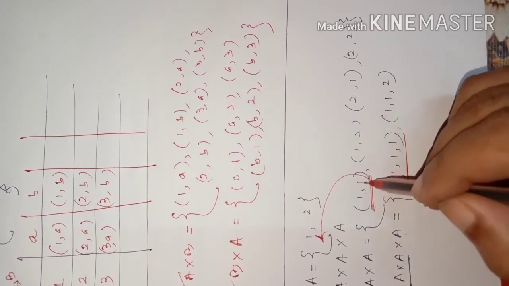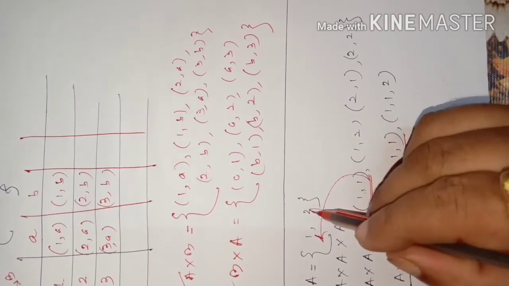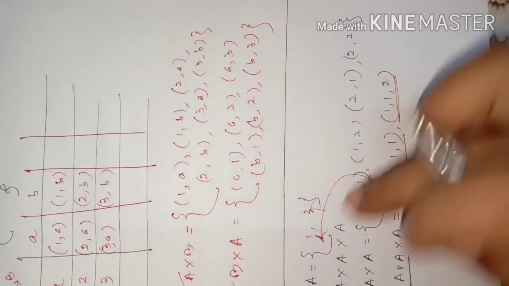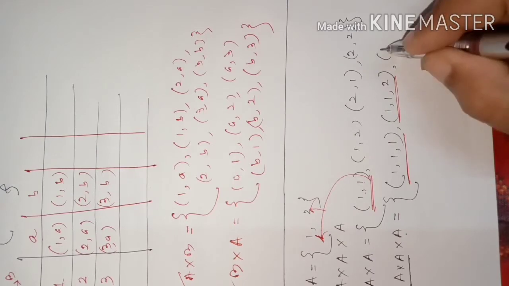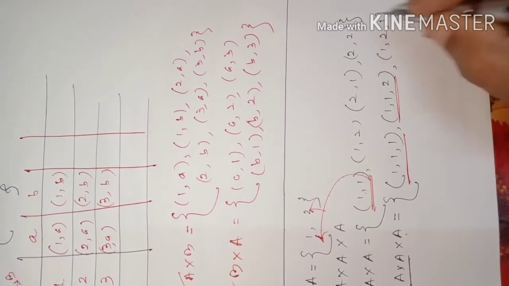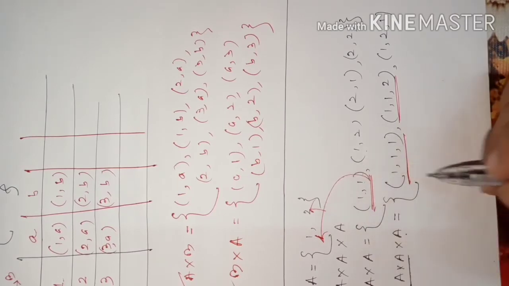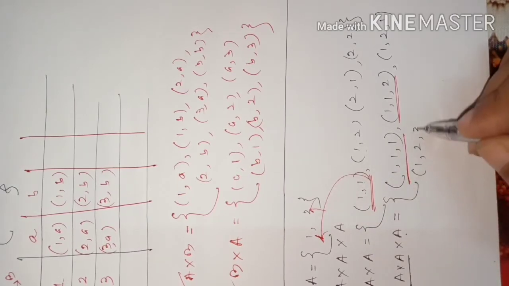Next, (1, 2) with 1 gives (1, 2, 1). Next, (1, 2) with 2 gives (1, 2, 2).